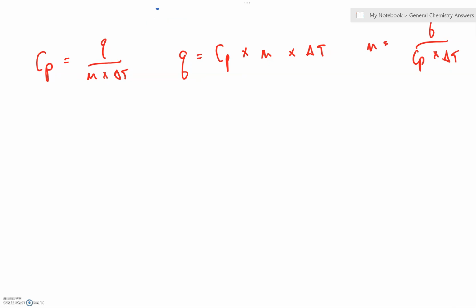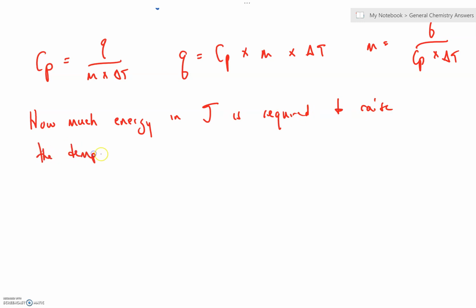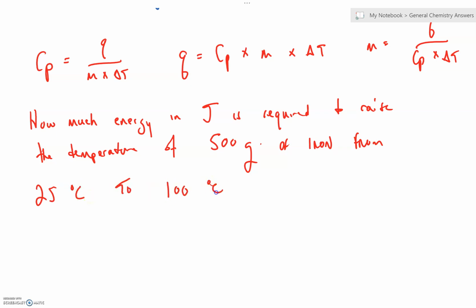Okay? And so here's a question that you could expect me to ask. How much heat, how much energy in joules, is required to raise the temperature of 500 grams of iron from 25 degrees Celsius, which is room temperature, to 100 degrees Celsius, which is the temperature at which water boils.